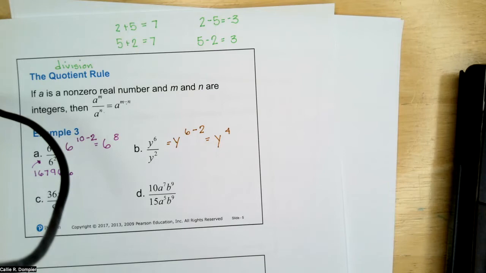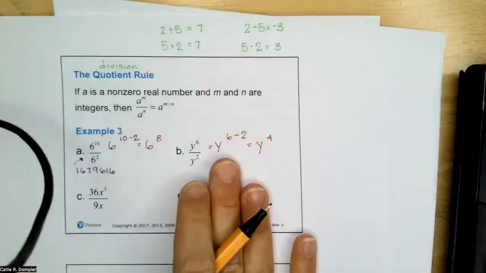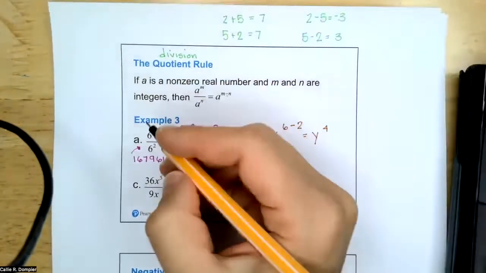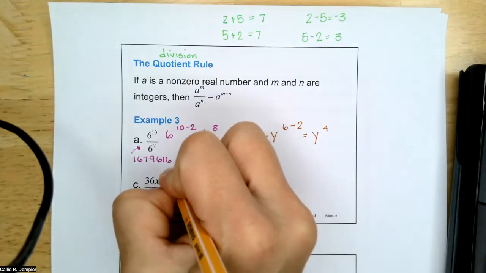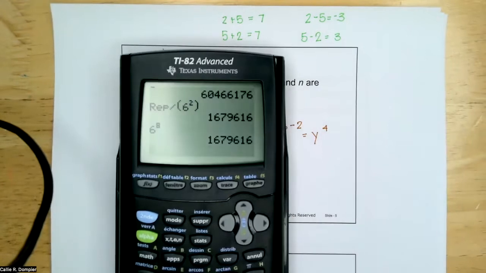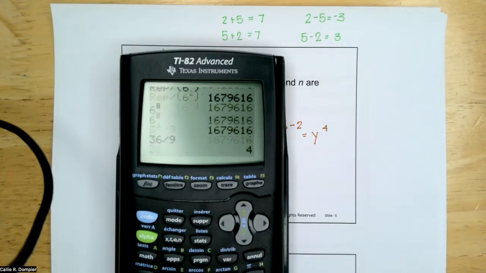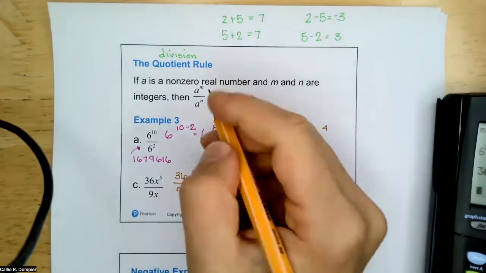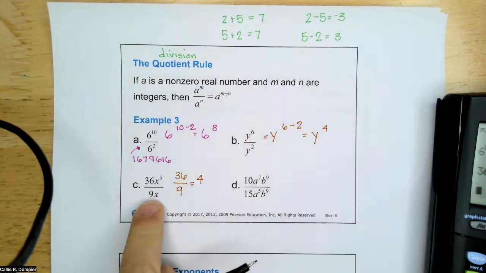So let's do the same when we're dividing. We're going to take 36 and 9, and we're going to say 36 divided by 9 is, and we just hope it's a whole number. And in this case, it is. It's 4. That 4 goes on the top.